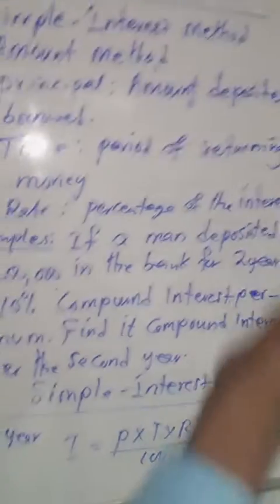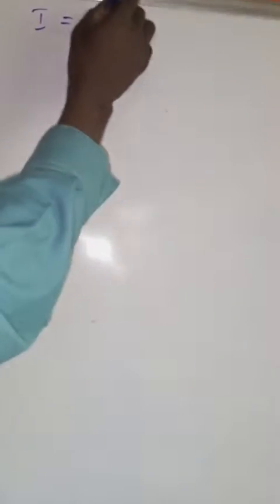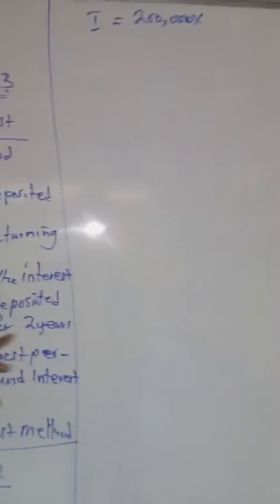So we are going to have our interest to be 200,000, which is our principal, multiplied by our time. It's 2 years, but now it's the first year, so we are going to use 1 year.